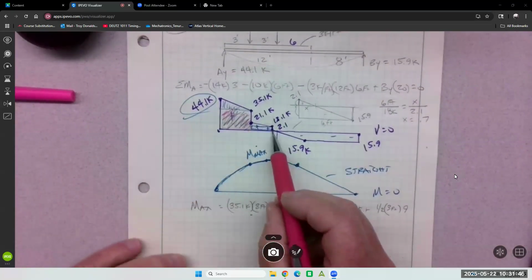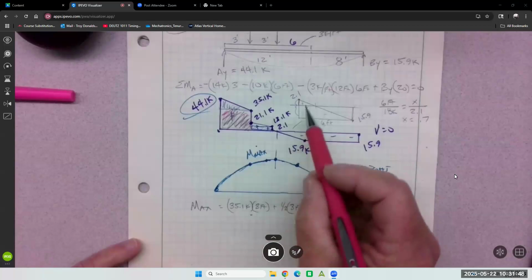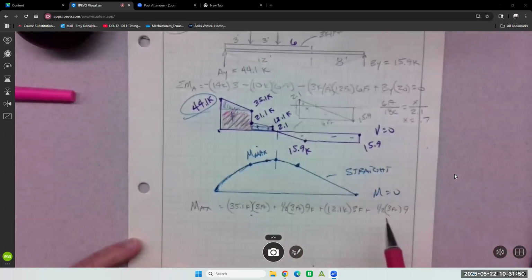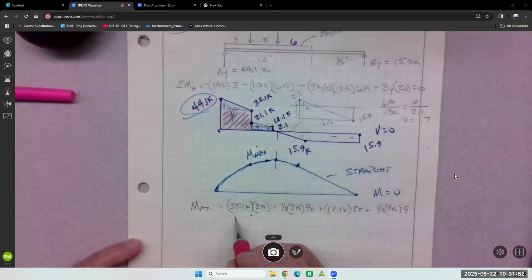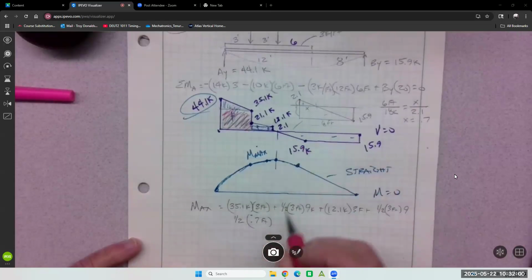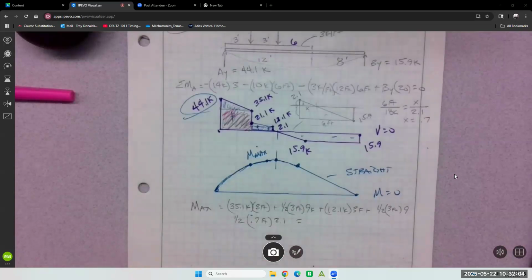And all I need is this little one right here. This little leftover triangle, which is 1/2 the base is my x, 0.7 feet, and the height is 2.1. And that should be the moment max. I've got all my areas accounted for.